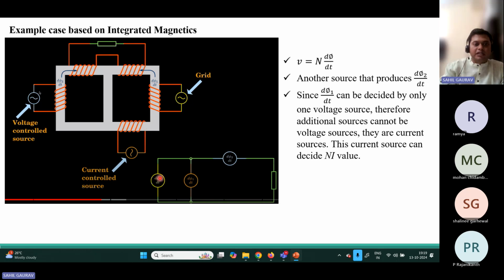This voltage source will be here, and this current source is connected in shunt, and again one voltage source is connected in series to act as a stabilizer, while this acts as shunt compensation.